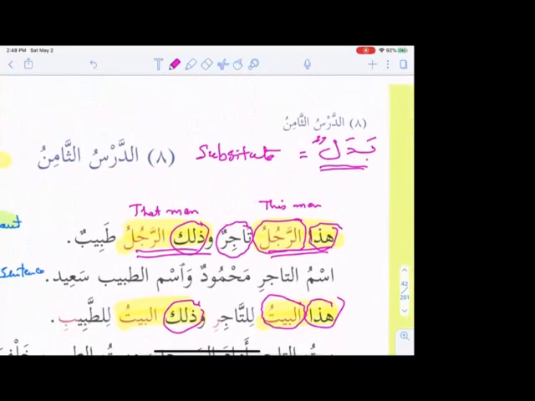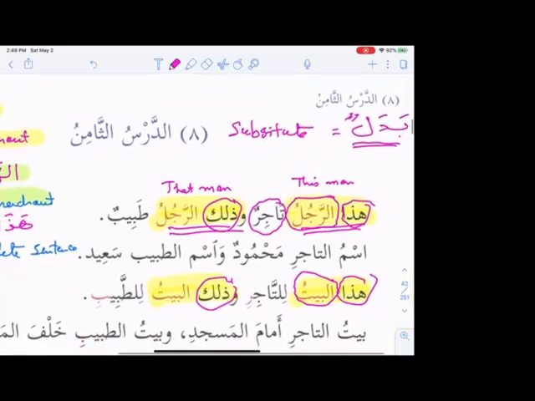Fine. So haza mubtada, where is the khabar? Tajirun. So what is rajulu? Badal for haza. Zalika, that, ar-rajulu, badal for zalika, and tabibun is the khabar.